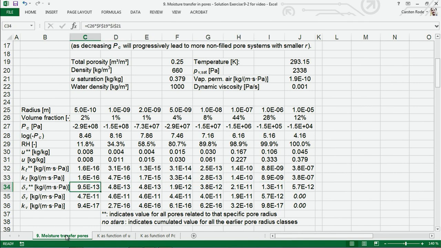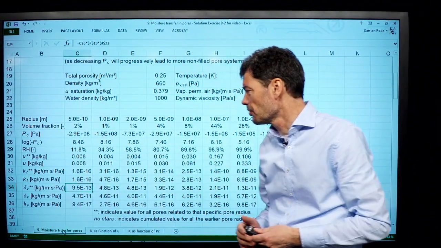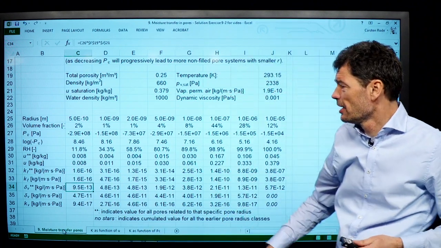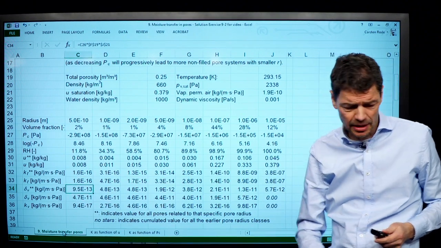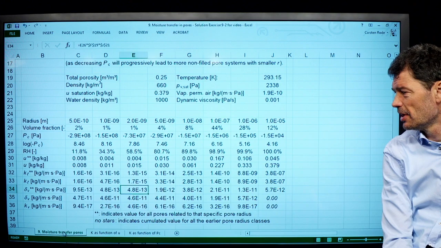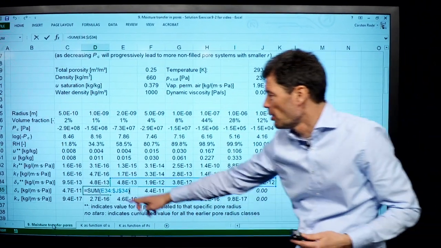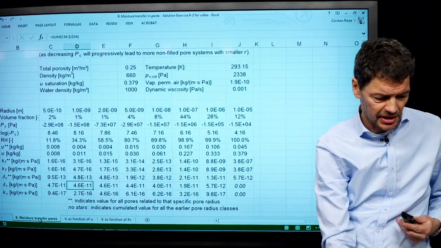Now for the vapor transport, this is the vapor transport for an empty pore of that size. Then we have this water vapor permeability as if that were the only pore we had. We can do it also for the bigger pore, the next one and so forth. So as always, the summed up permeability becomes the sum of what we had before and the next one.